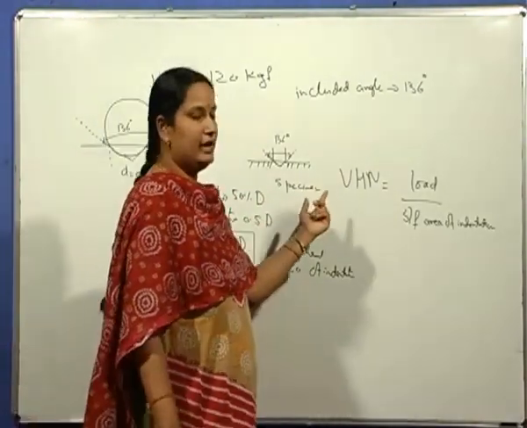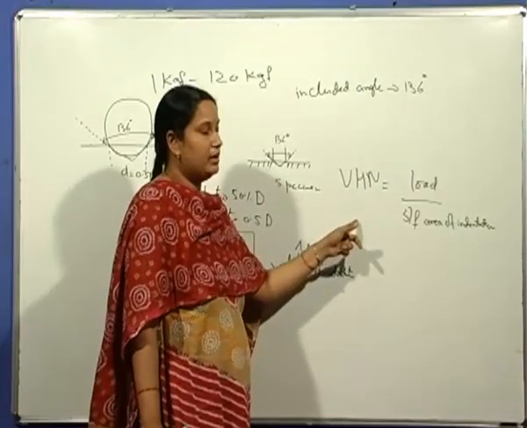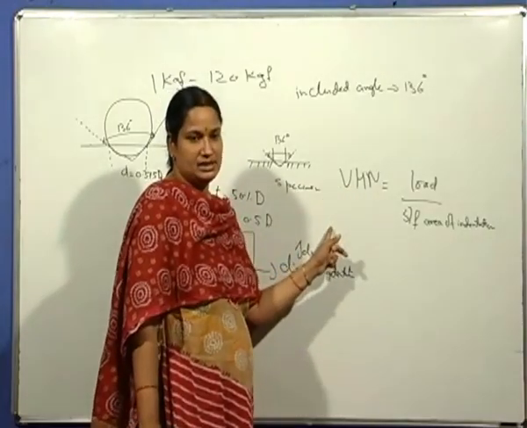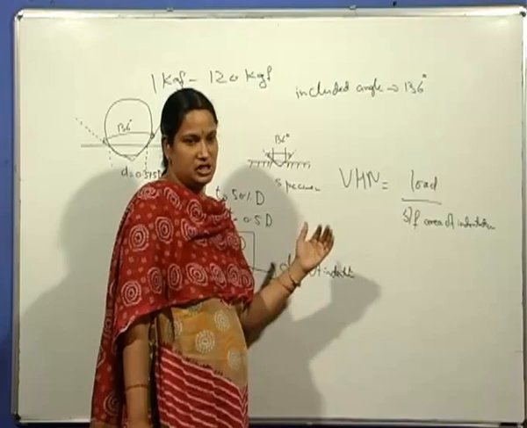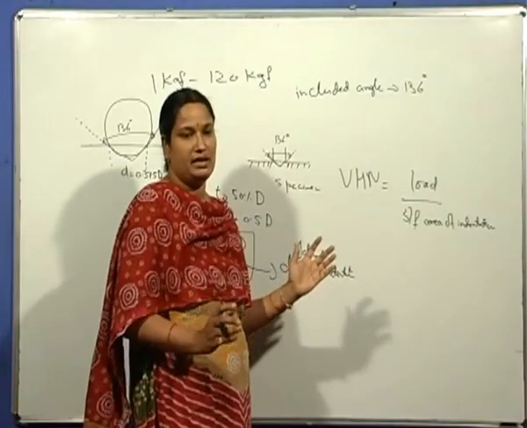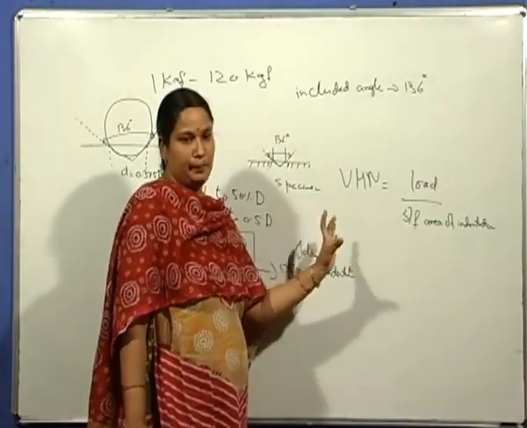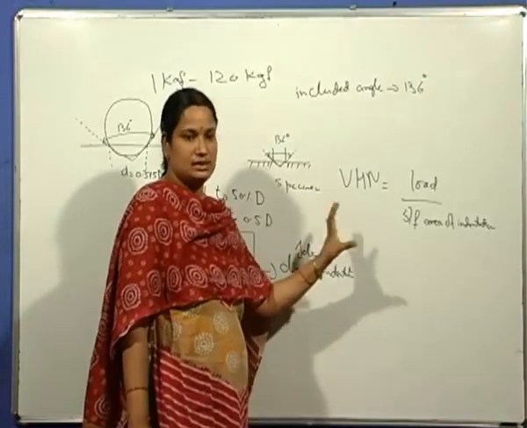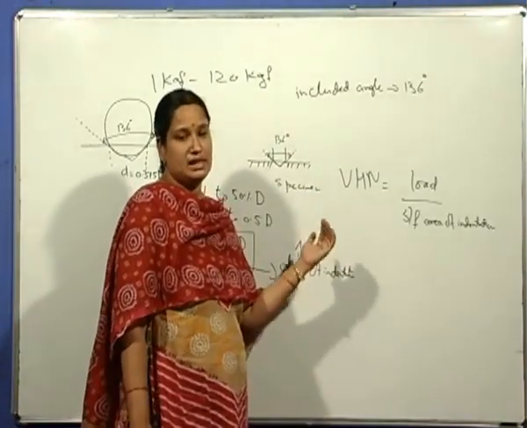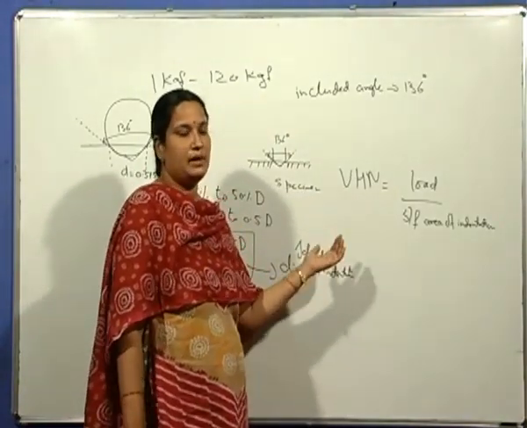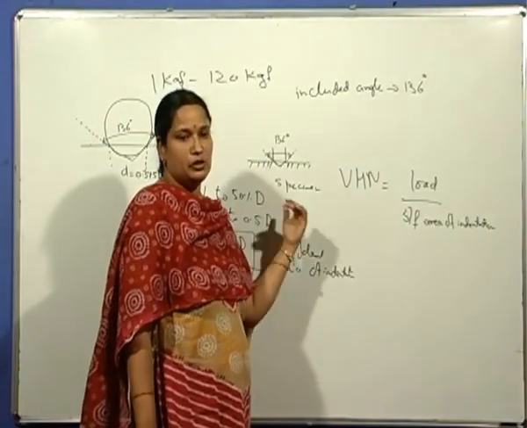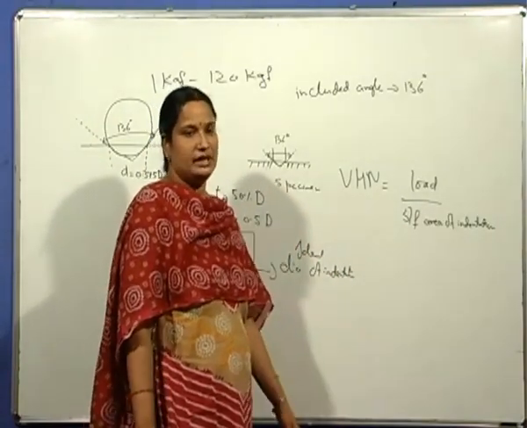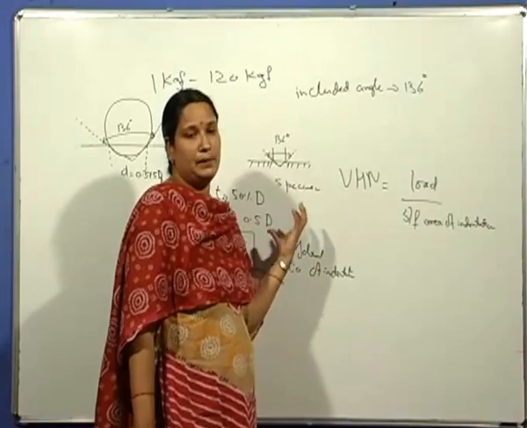So only the size will vary, but the shape will remain the same. So geometrically similar indentations can be produced by using this Vickers indenter, that is the diamond pyramid indenter.